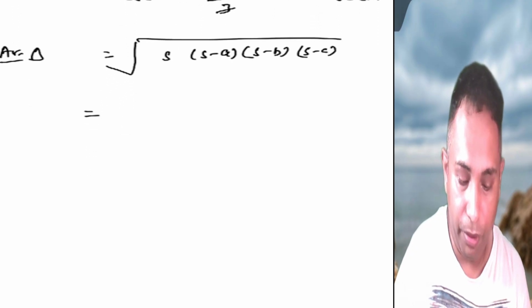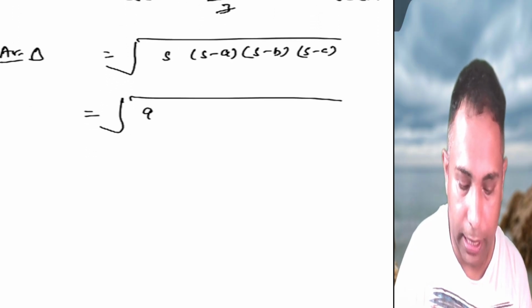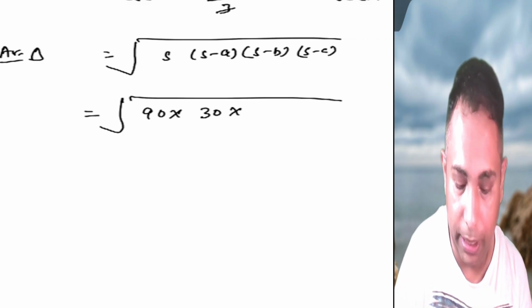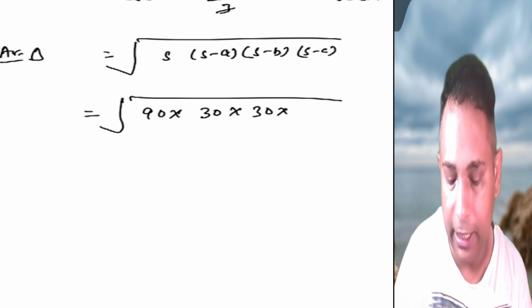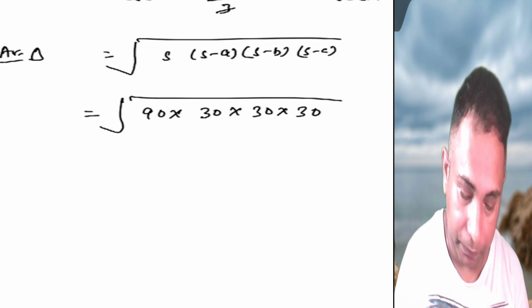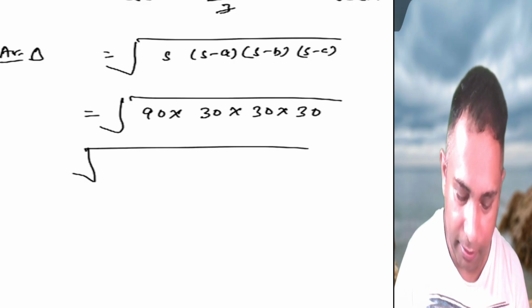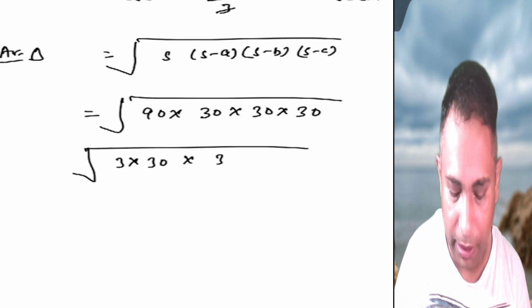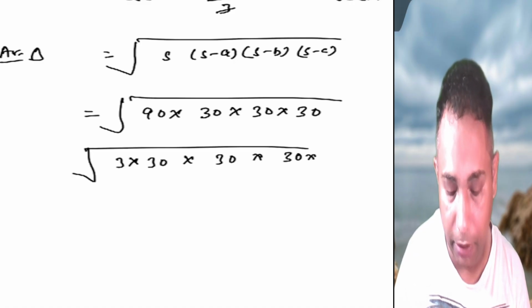S minus A will be 30, because A, B, C are equal, so you can write 30, 30, 30. Again, we will write 90 as a multiple of 30 into 3, so 3 into 30, 30 into 30 into 30.